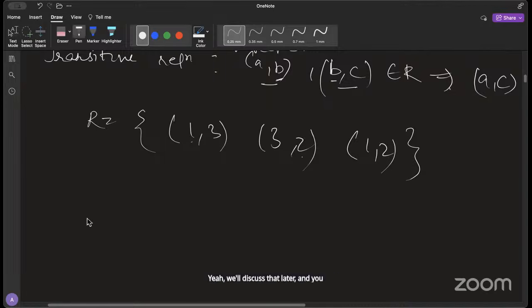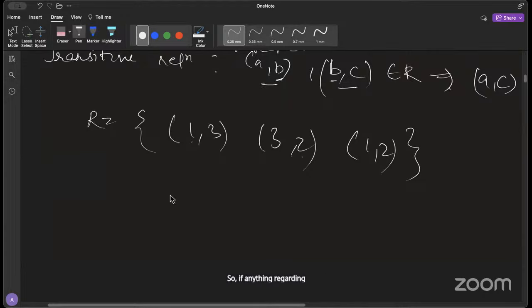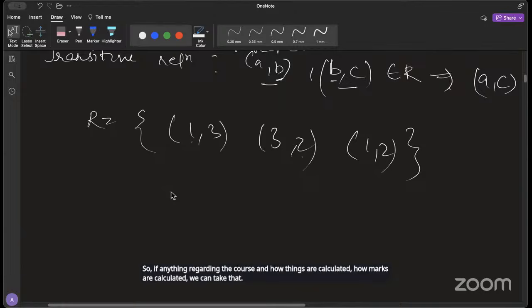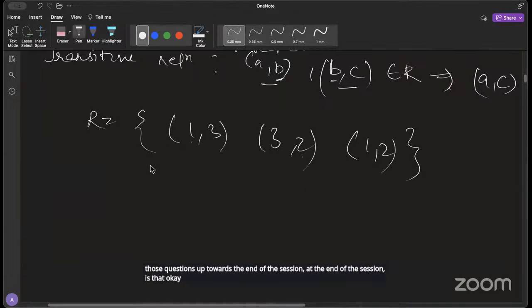This is a revision session and we have a lot of questions to do and a lot of theory to revise, so we don't have a lot of time to discuss everything here. If anything is regarding the course and how marks are calculated, we can take those questions up at the end of the session. Is that okay? Yes, ma'am.